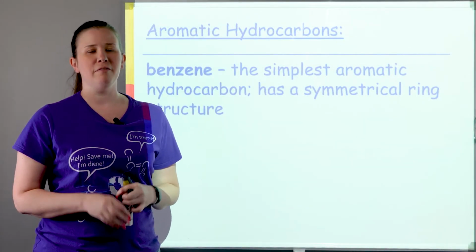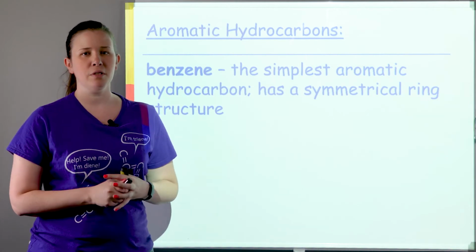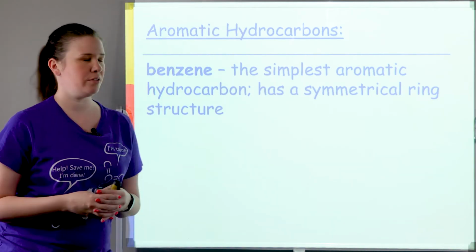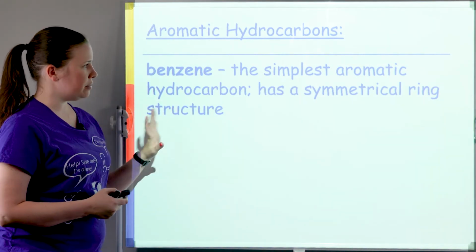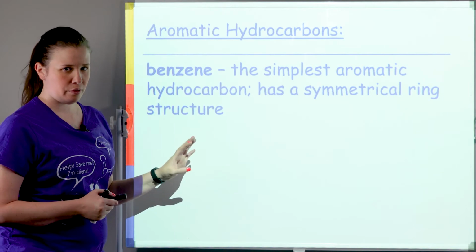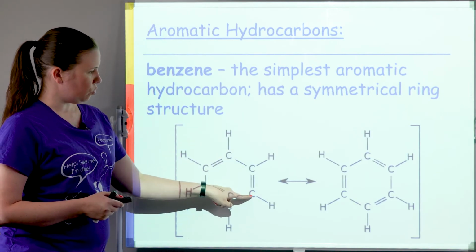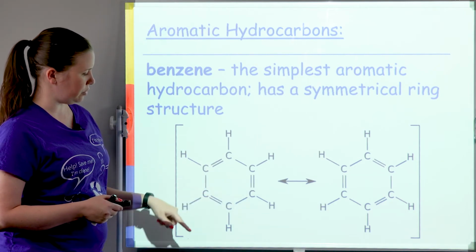Now let's talk about a very special type of hydrocarbon called benzene. This is going to be a host or starting point for a whole family of derivatives, things that are derived from or made from benzene. So let's talk about what benzene is to start with. Benzene is a ring of 6 carbons, which has conjugated double bonds, meaning every other bond is a double bond.